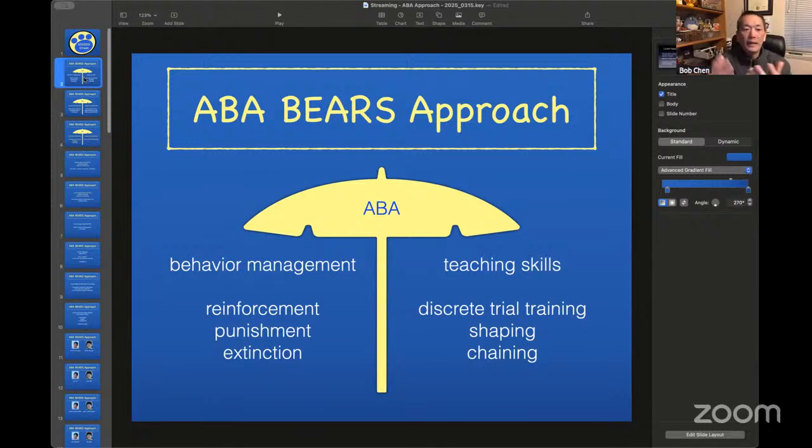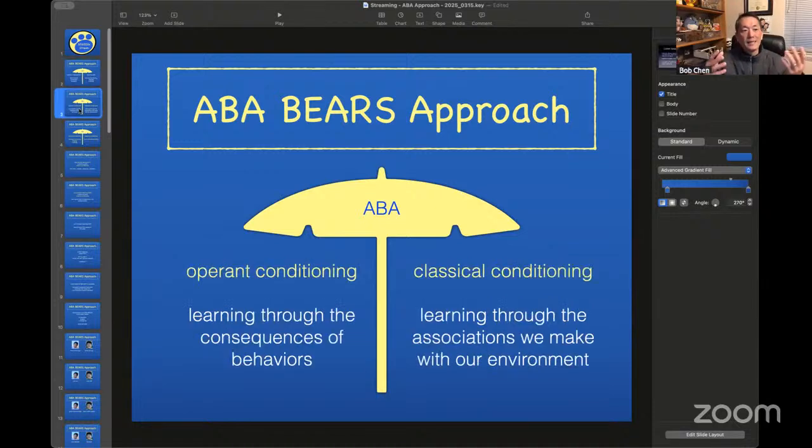However, what takes priority is addressing the behaviors, working on the behavior management piece, utilizing things like reinforcement, punishment, and extinction to promote pro-social behaviors and to eliminate problematic maladaptive behaviors. And then we use those very same concepts, but we codified them in methods of teaching. So we talked about things like discrete trial training, shaping, and chaining, as well as non-contingent.